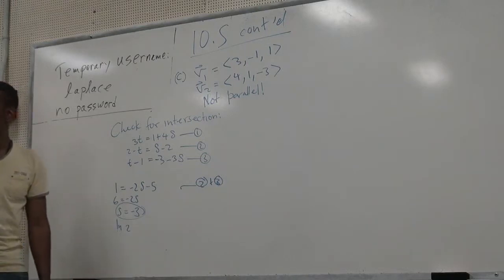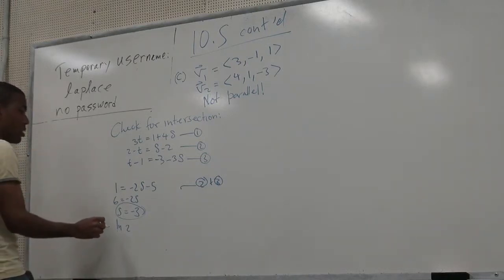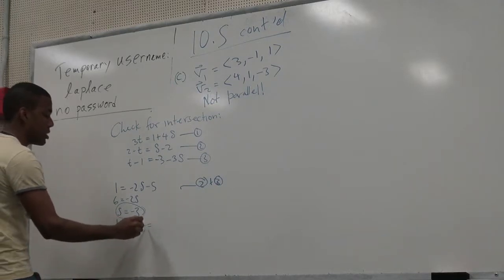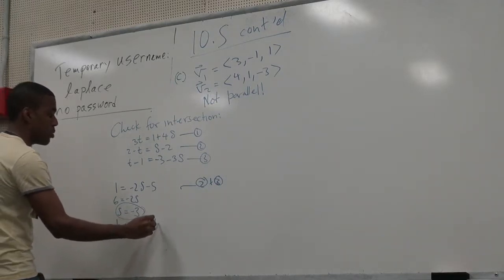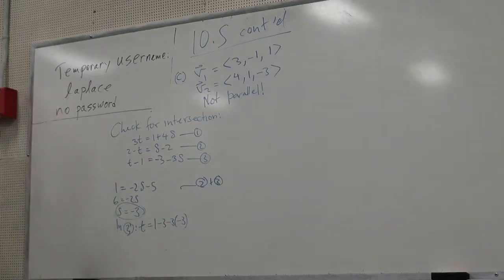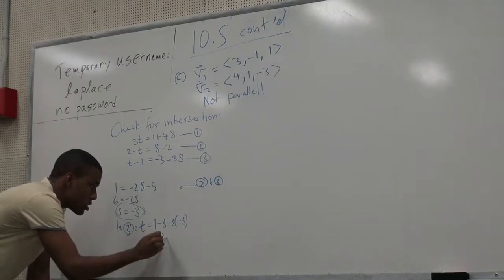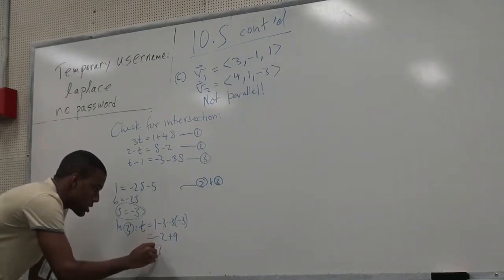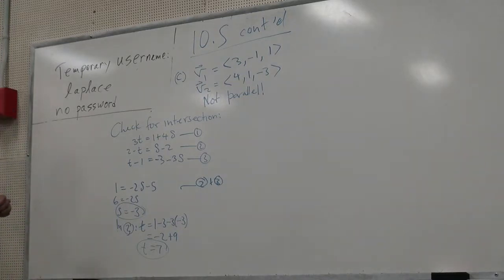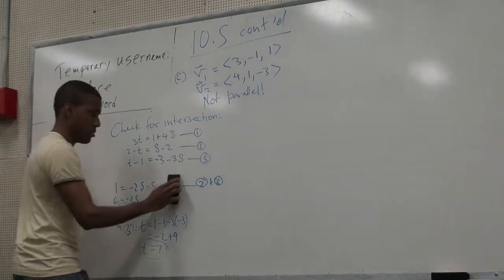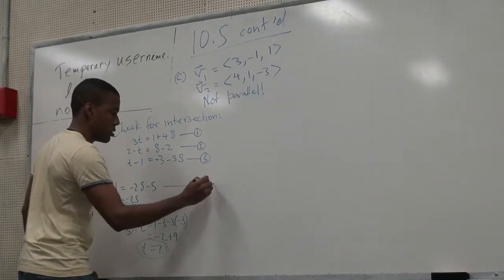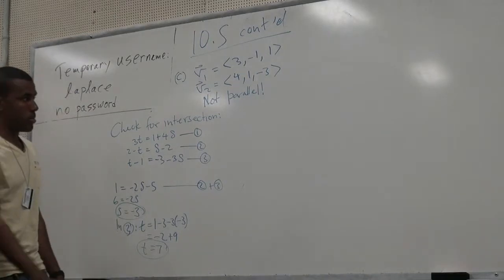Come again? And in equation 3, if I plug in s equals minus 3, I get t is equal to 1 minus 3 times minus 3. So minus 2 plus 9, that's 7. Are you right so far?